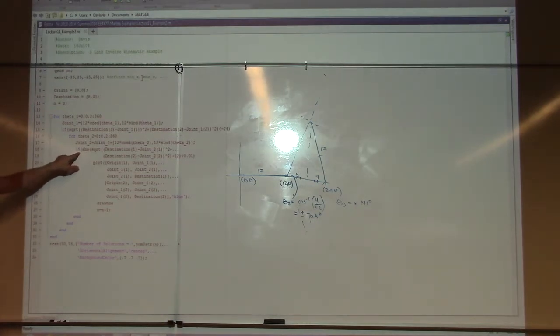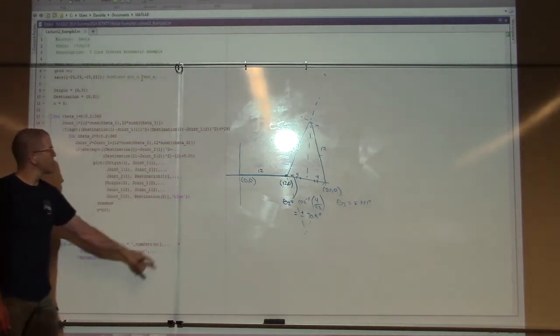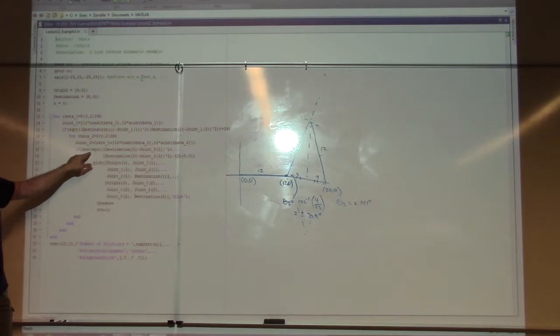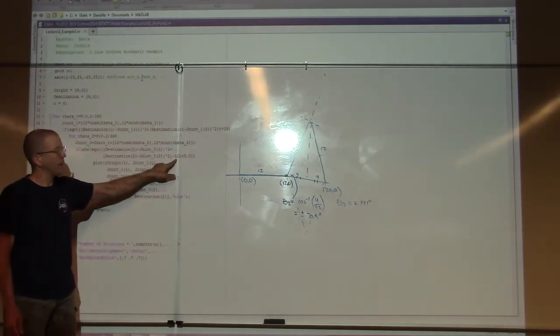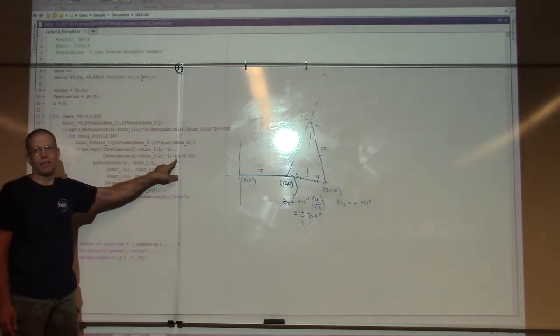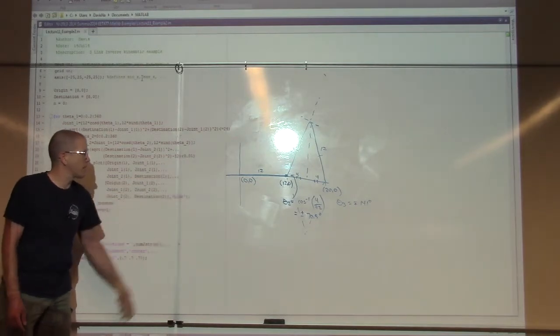Perform the same type of thing here, except in this case I'm using a tolerance value. So I'm looking at the absolute value of the distance minus 12, and checking to see if that's less than our tolerance value.